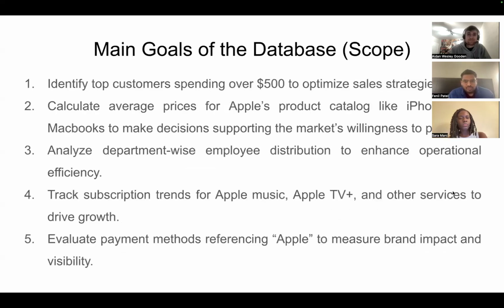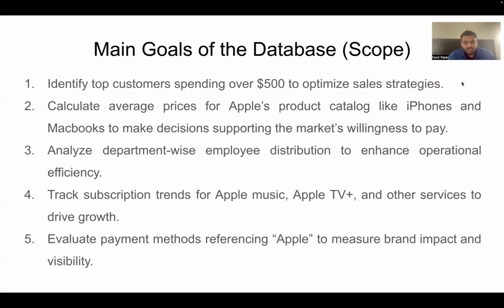Now, the main goal of this database. Now let's talk about what this database is designed to achieve. We aim to answer critical business questions for Apple through this main goal. The first goal is to identify top customer spending over $500 to optimize sales strategies. The second is to calculate average price for Apple's product catalog like iPhone and MacBook to make decisions supporting the market's willingness to pay.